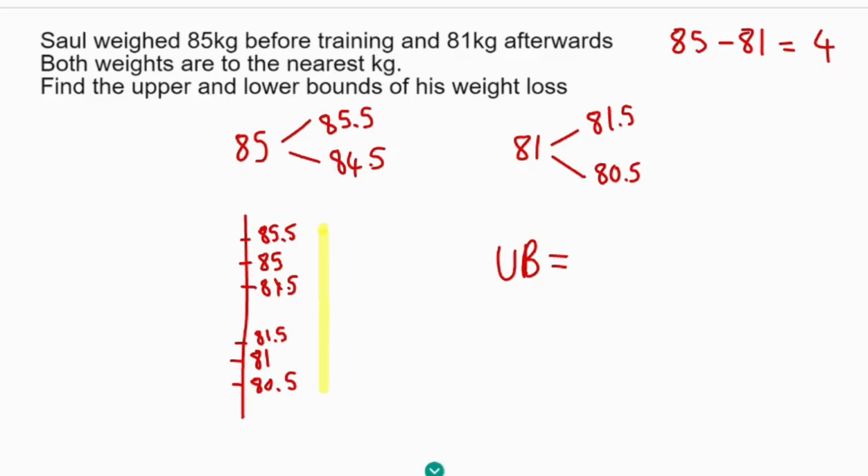So to get an upper bound, use the biggest of the biggest, subtract the smallest of the smallest. And to get a lower bound, can you see it would be the smallest difference, which would actually come from here, which would be this one, subtract this one.